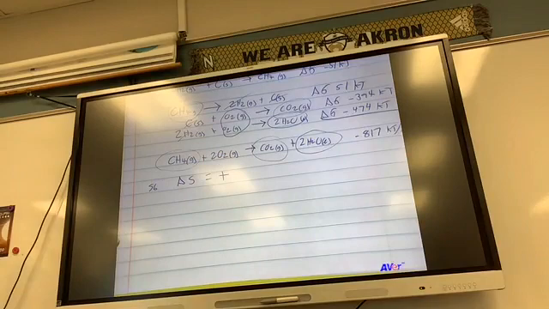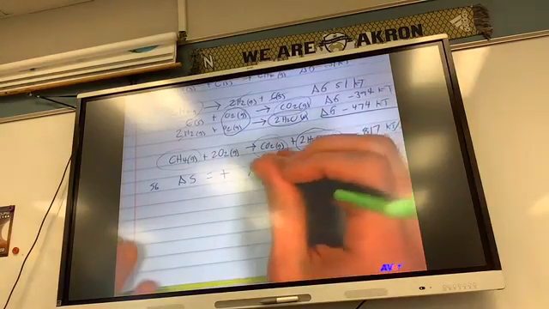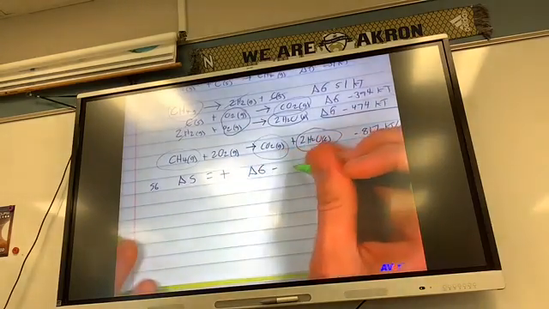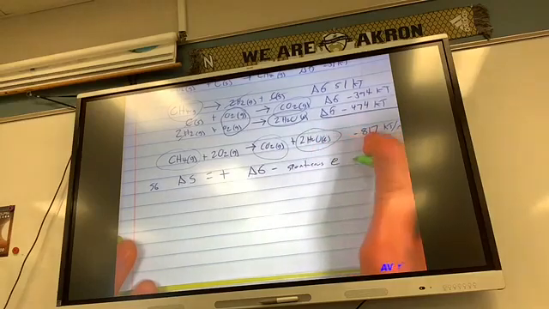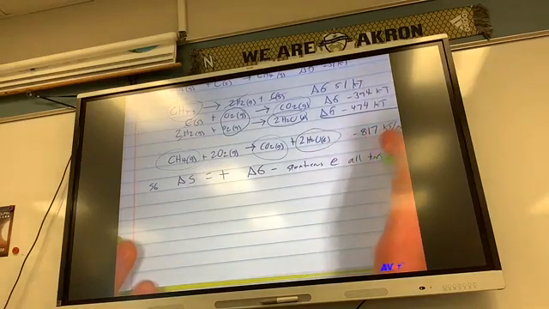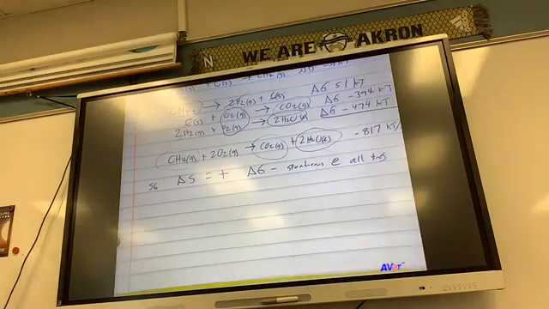I also know if my delta S is positive on 56, that means that my delta G is going to be negative or spontaneous at all temperatures. So this is going to be spontaneous at every single temperature. And on this one, the 100 degrees Celsius, I'm putting that in.